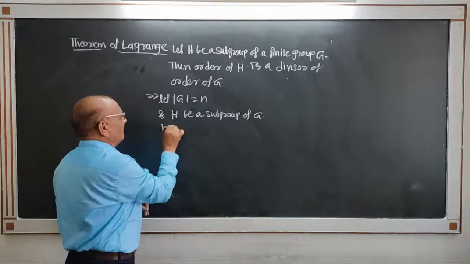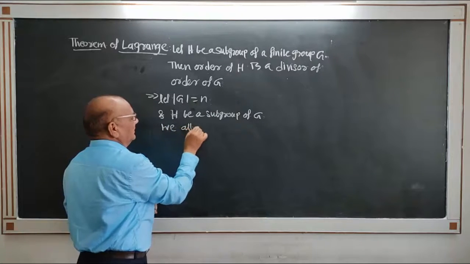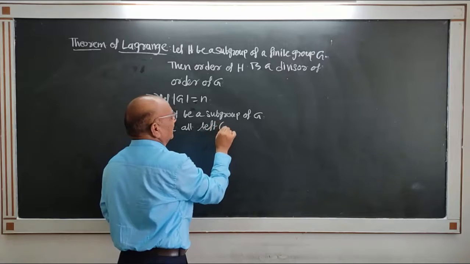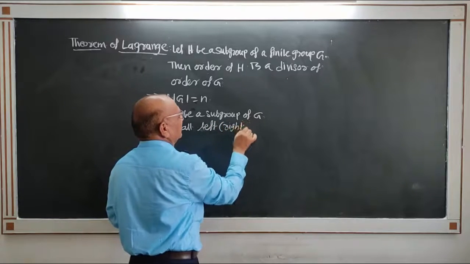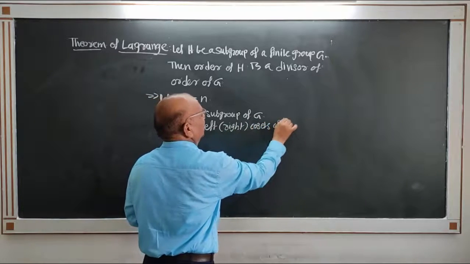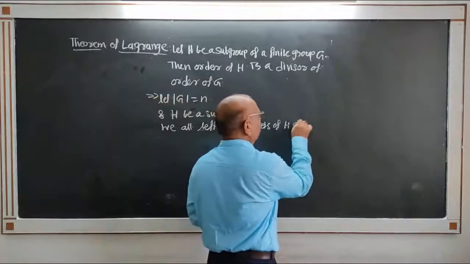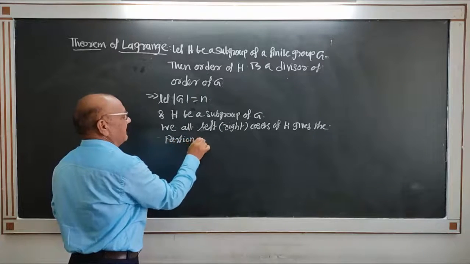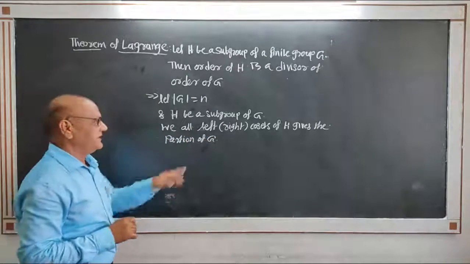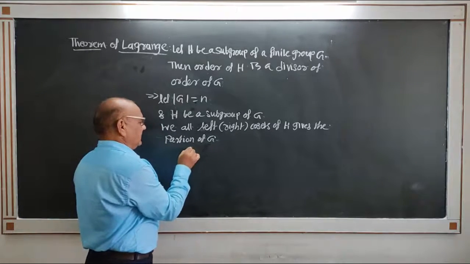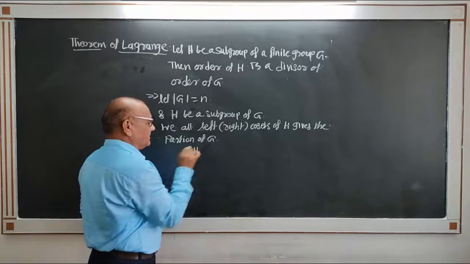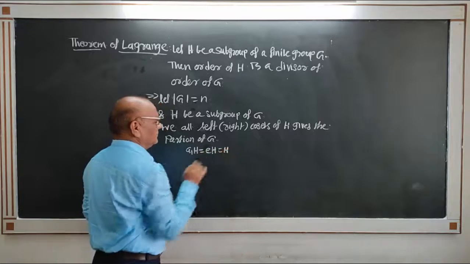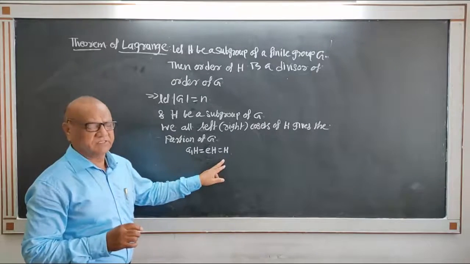We know all left cosets as well as right cosets of H give the partition of G. That means here A1H, the first left coset, where A1 is supposed to be E, is equal to H itself, one left coset.